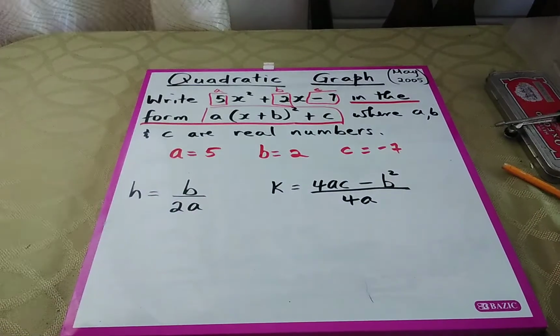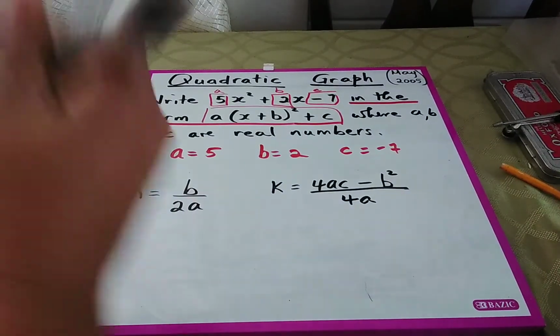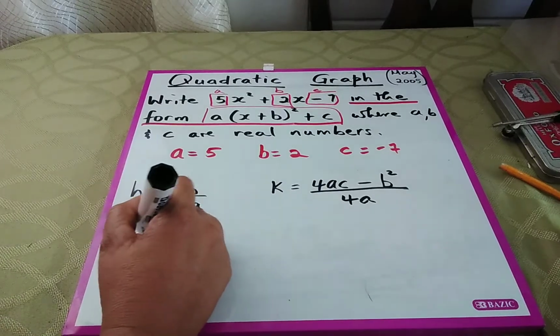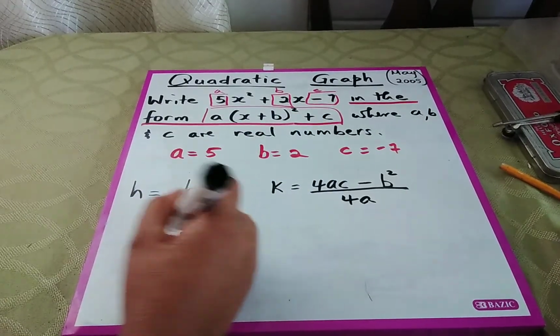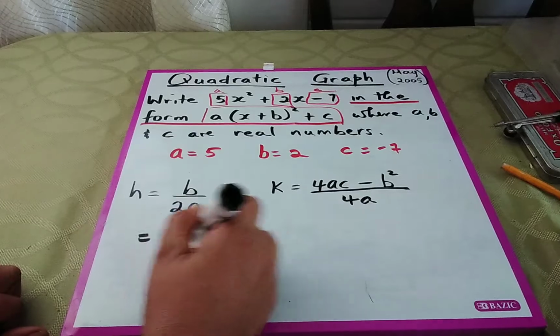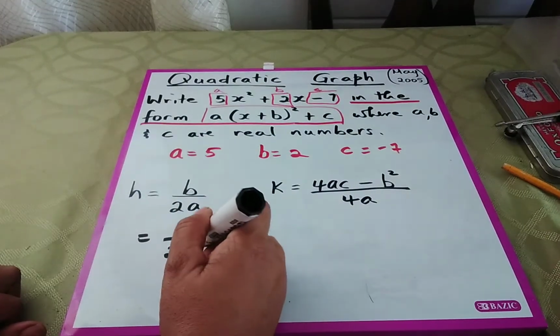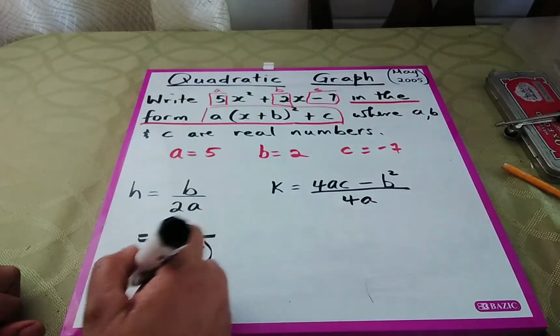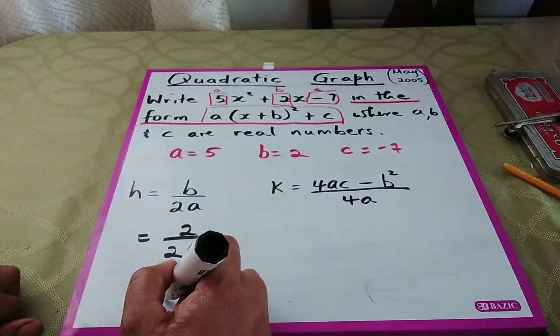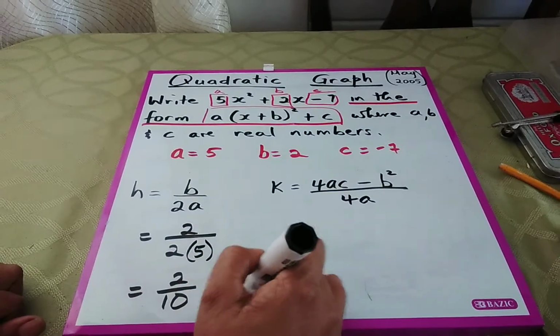And we simply substitute. So here we go. The B is 2, and that's over 2 times A, which is 5. That's 2 over 10, or 1/5.